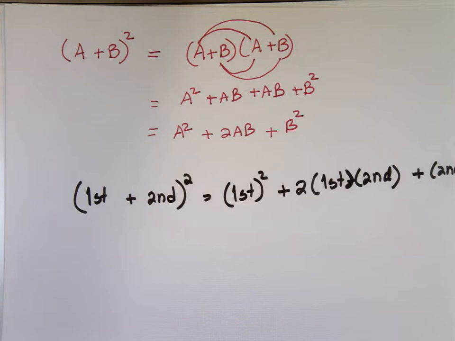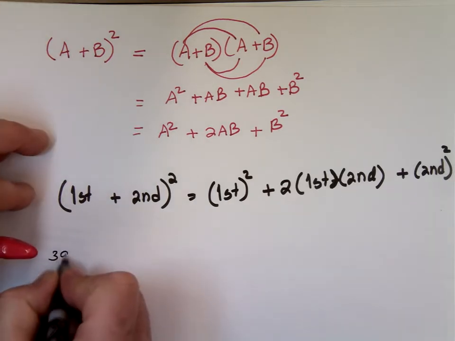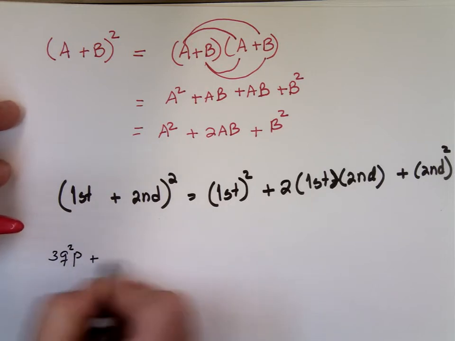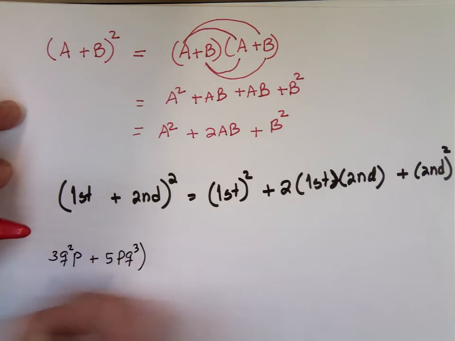It is the first squared plus 2 times the first times the second plus the second squared. I can really give you anything there. I can say 3p squared q squared plus 5p q to the third, and I want to square it.